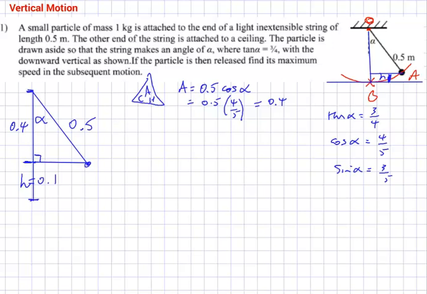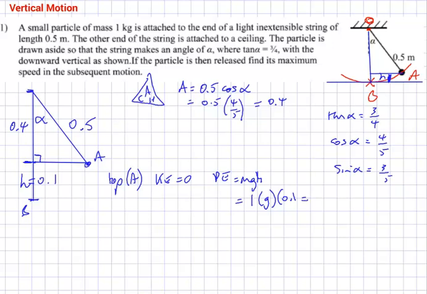So, okay, let's think about the two different positions, the position at A and the position at B. At point A, that top position, we're going to have a situation where it's stationary. The idea is just release from that point. So the kinetic energy is 0, and the potential energy is going to be mgh. The mass is 1, gravity is g, and the height from the baseline is 0.1.